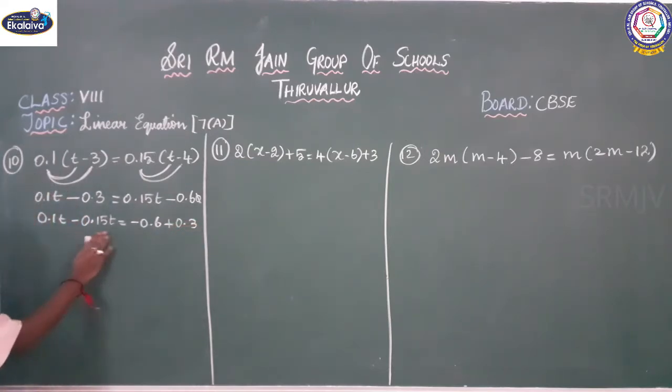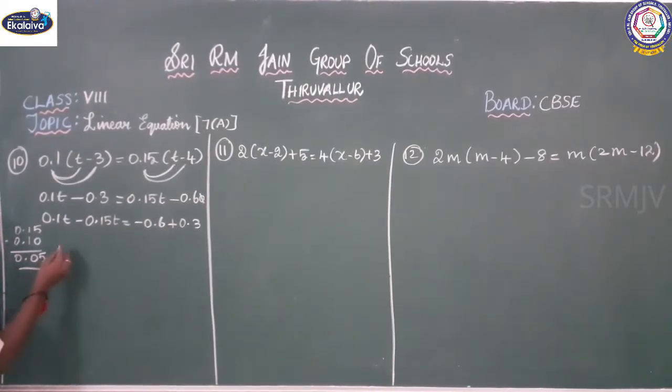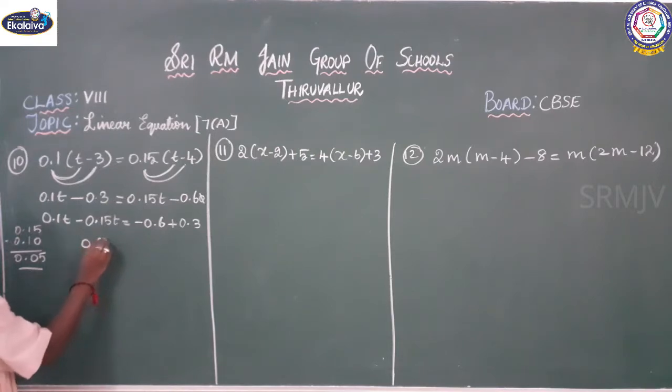Okay. Now, we are going to subtract the 0.1 t and minus 0.15 t. So, when I subtract, I will get 0.15 minus 0.1 t, which is 0.05 t.